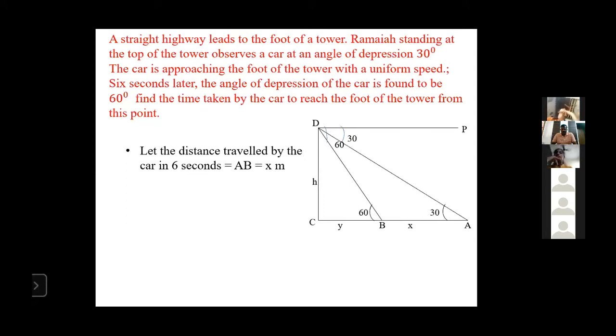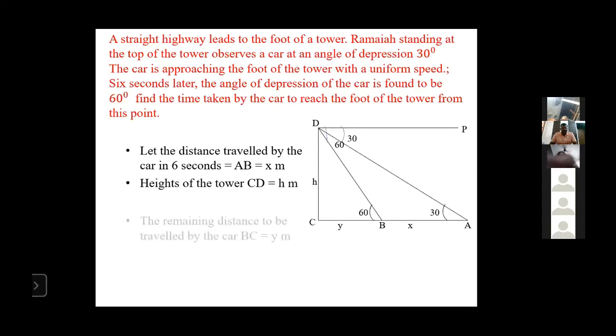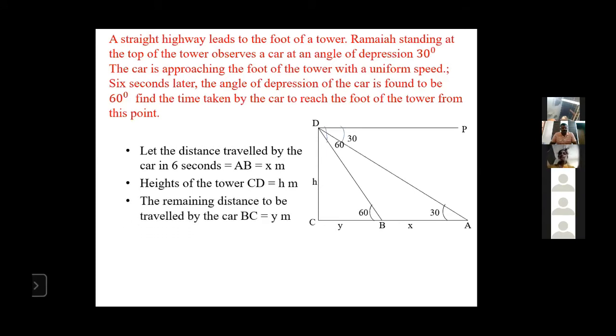Now, the length of AB is x. It is the distance the car moved from position A to position B. The height of the tower is CD. We take h meters. The remaining distance to be traveled by the car, BC, is y meters.